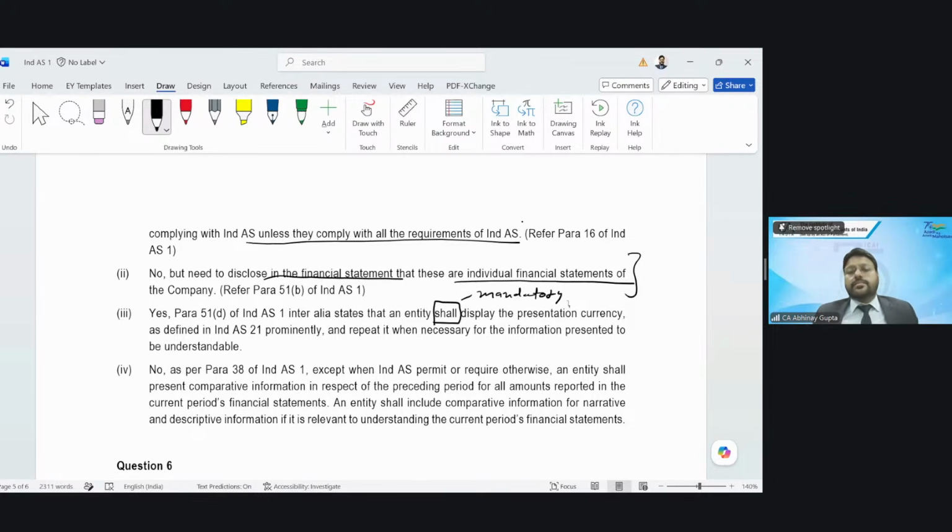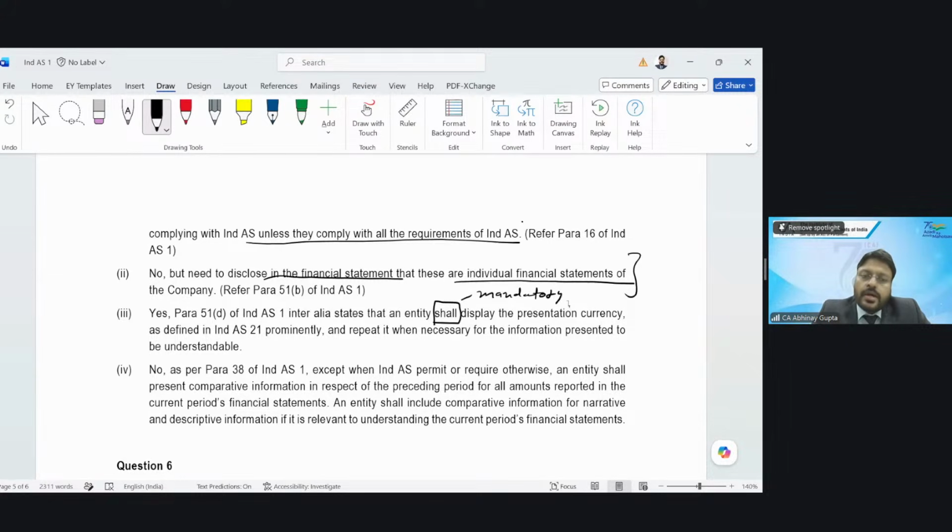So are you going to say in one statement somewhere on the financials that financial statements are in INR, or do you need to repeat this rupee sign or the INR word everywhere on all the statements, be it balance sheet, statement of profit and loss, cash flow statement, and all the notes and the statement of changes in equity?